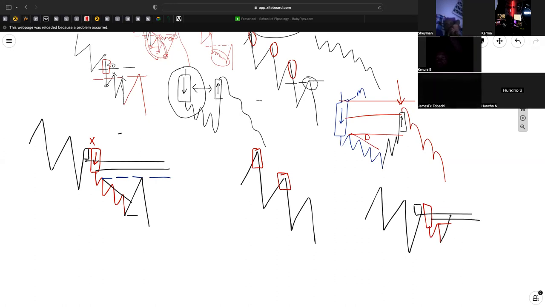It came back to fill this imbalance, then created a new low. What does that tell you? That tells you that this one has transferred its order to this one. So which means this one is our protected high now. So we are not going to focus on this particular momentum and distance again. We are going to be focusing on this new one right here.